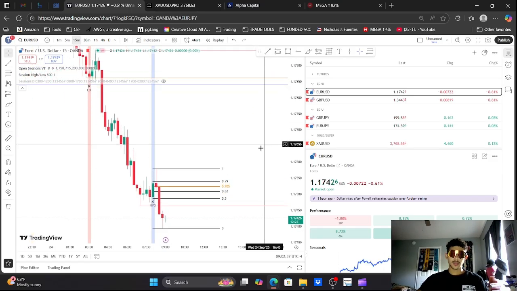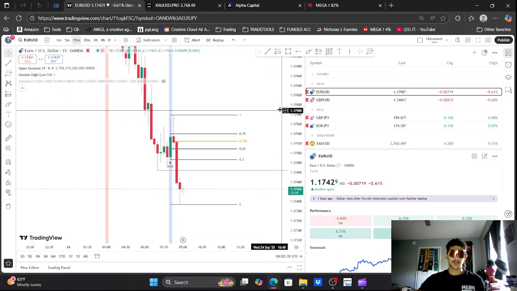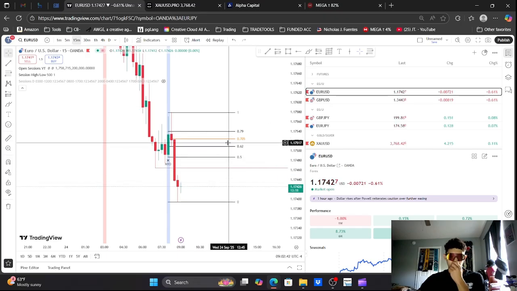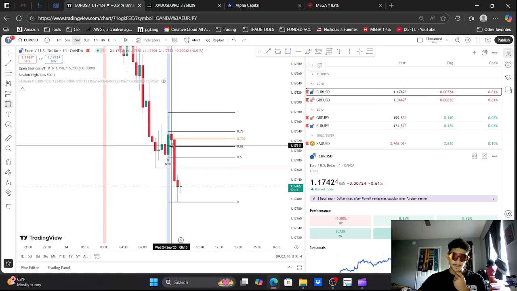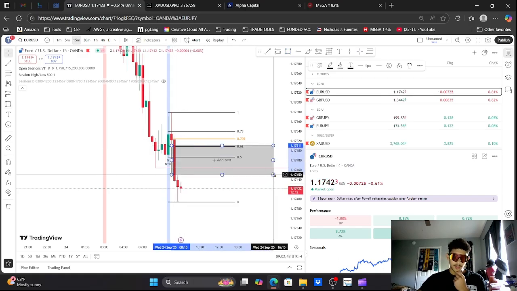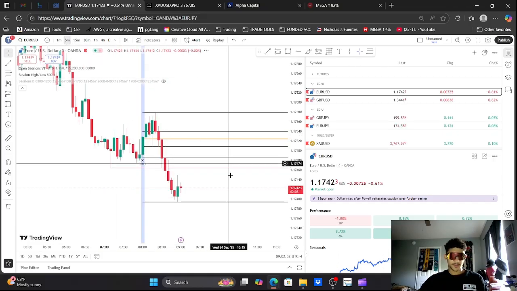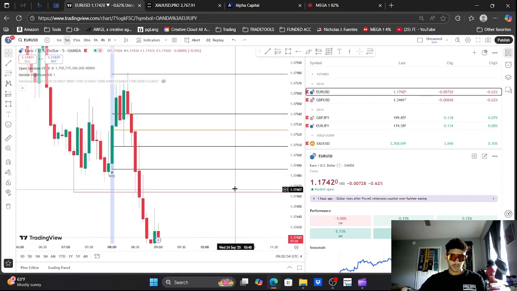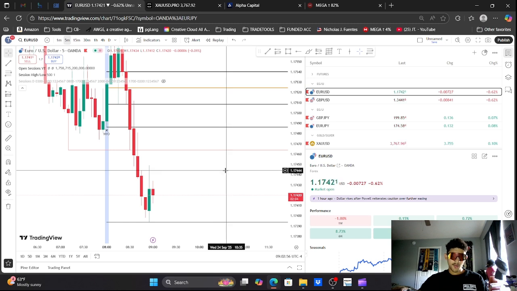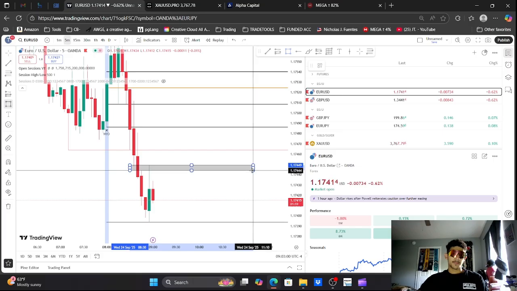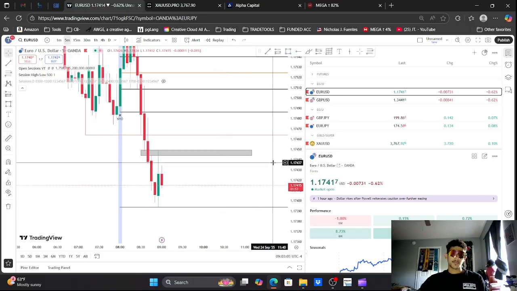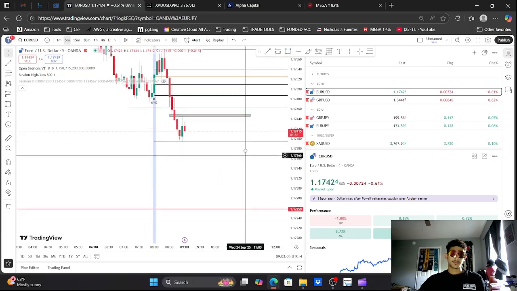And we'll have to see what price wants to give us on the 15-minute. We have this imbalance left behind. The 15-minute, we have this 5-minute fair value gap. Get reacted off of.